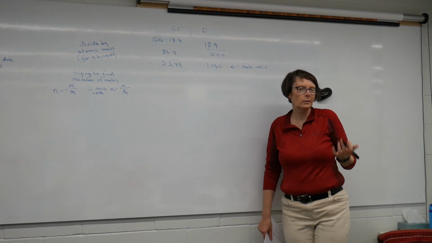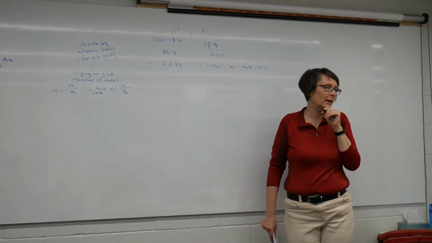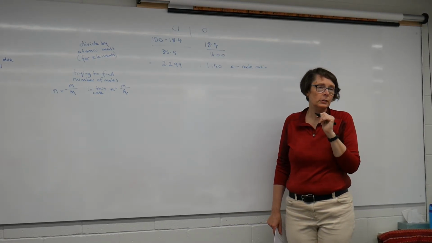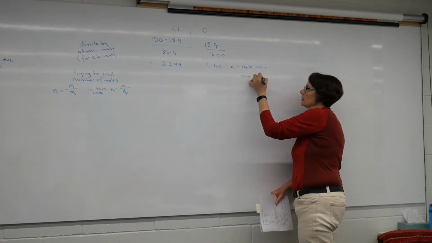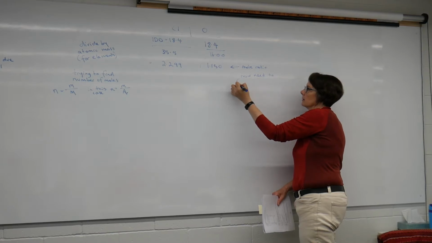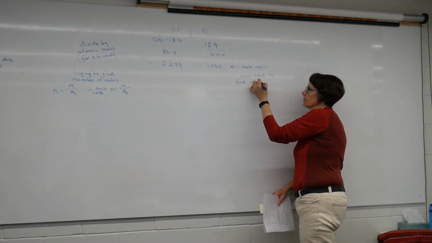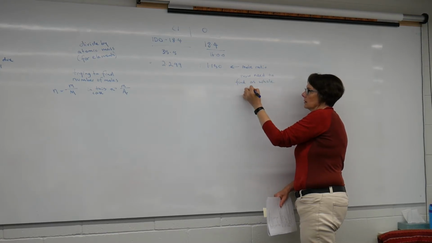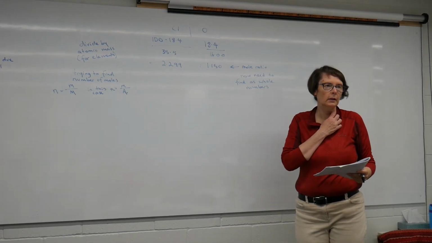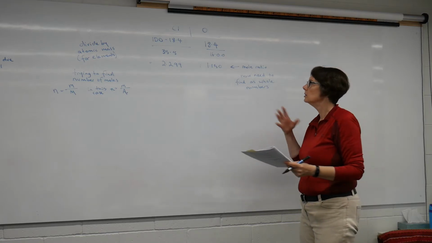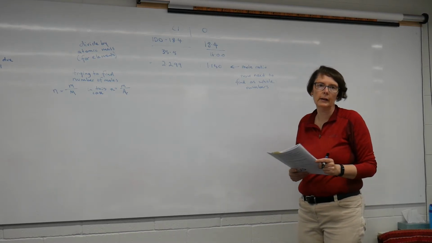But it's not that helpful in its current format. We want to get it now into whole numbers. And the way we find it in whole numbers is we divide everything by the smallest value.